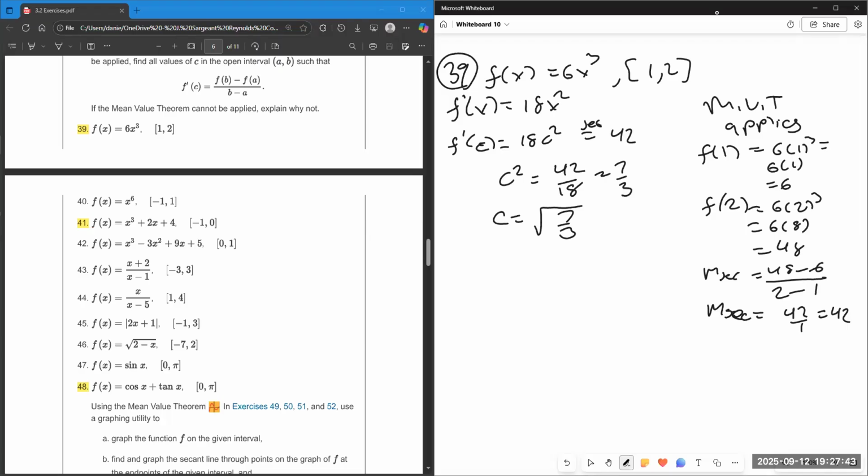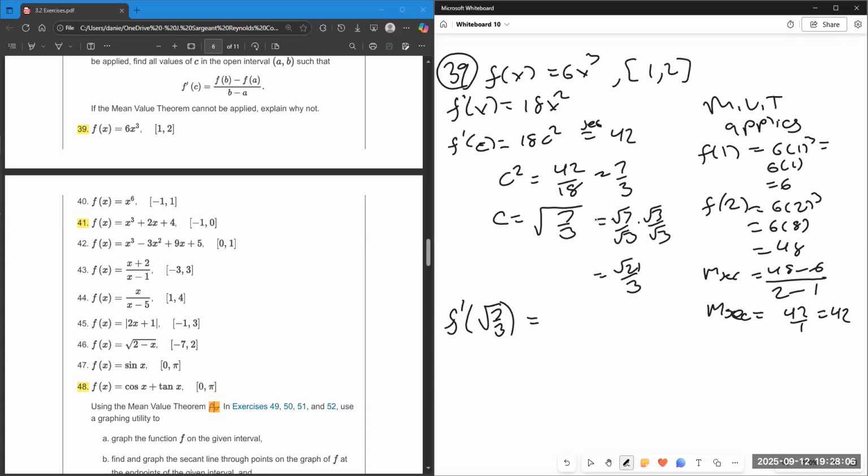I would leave it that way, but your book is going to make you rationalize this if you check your answers. So they're going to call that root 21 over 3. I'm going to use the root 7 over 3 form when I go back and verify.